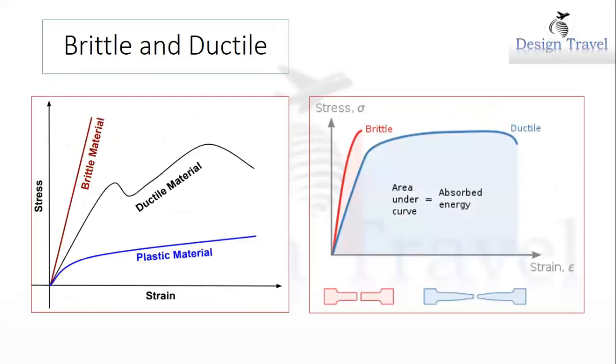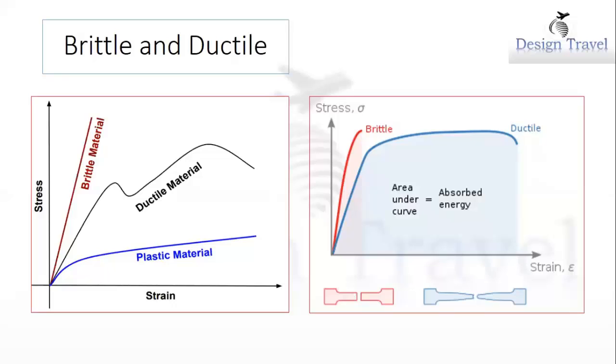The same stress strain curve will vary for different materials. Let's take two different materials, brittle and ductile. Brittle material, after the proportional limit, will break, because brittle material usually has a direct load receiving capability.